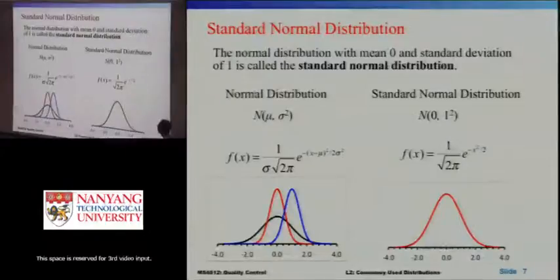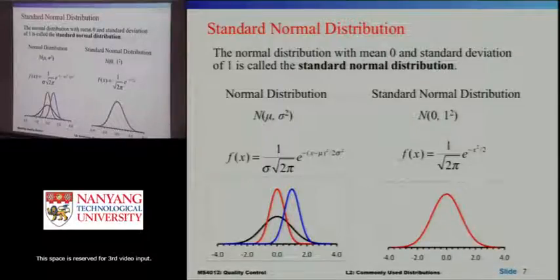Here, because we will use this again, I compare these two. The normal distribution with mean 0 and standard deviation 1, we call the standard normal distribution. For an arbitrary normal distribution, its average can be any value and its variance can be any positive value, and this is its PDF. The standard normal distribution is a special normal distribution.